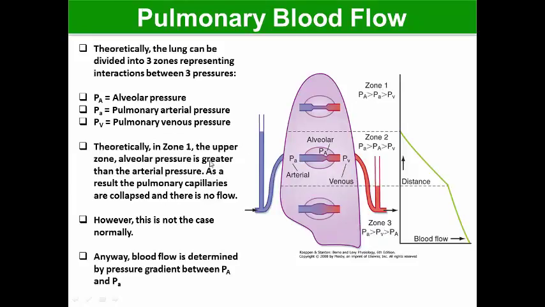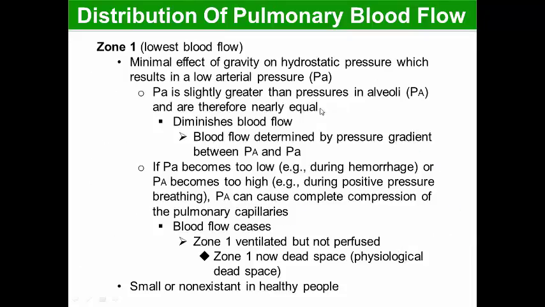So the pulmonary capillaries will not be collapsed and there will be flow. Theoretically, we might think that there is no flow. However, in reality, the pulmonary arterial pressure is still greater than the alveolar pressure, so the pulmonary capillaries are not collapsed.